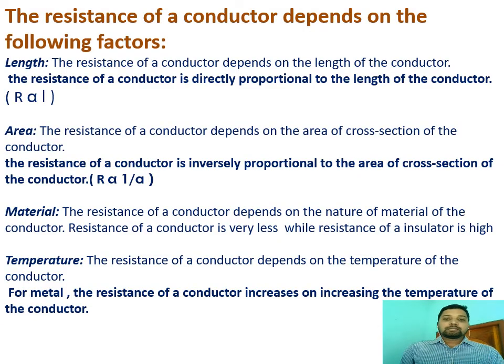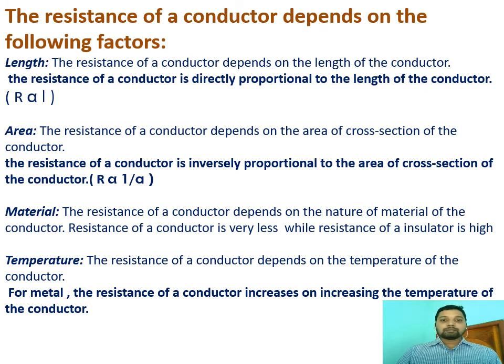Next, the resistance of a conductor depends on different factors. The first factor is the length. If the length of the wire or conductor is more, the particle has to travel more distance. That means the number of collisions will increase, because of which the amount of obstruction will increase, which gives rise to more resistance.